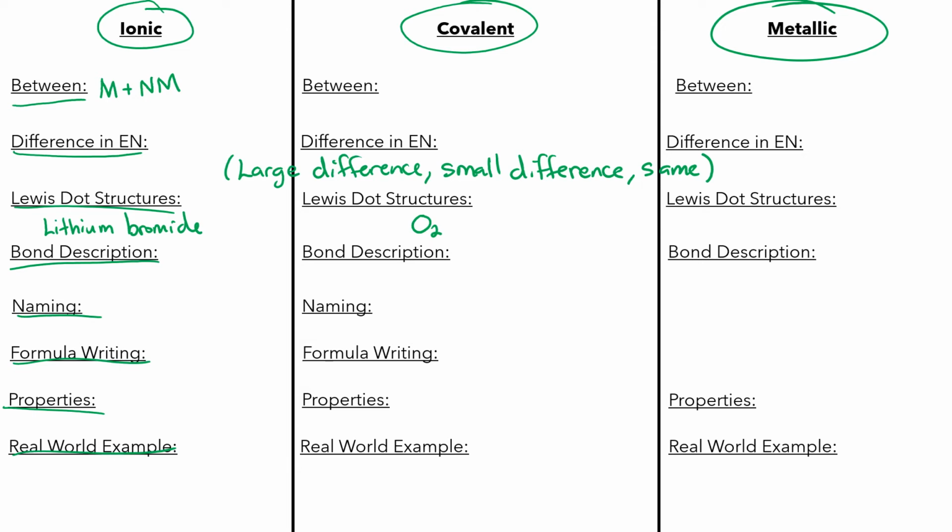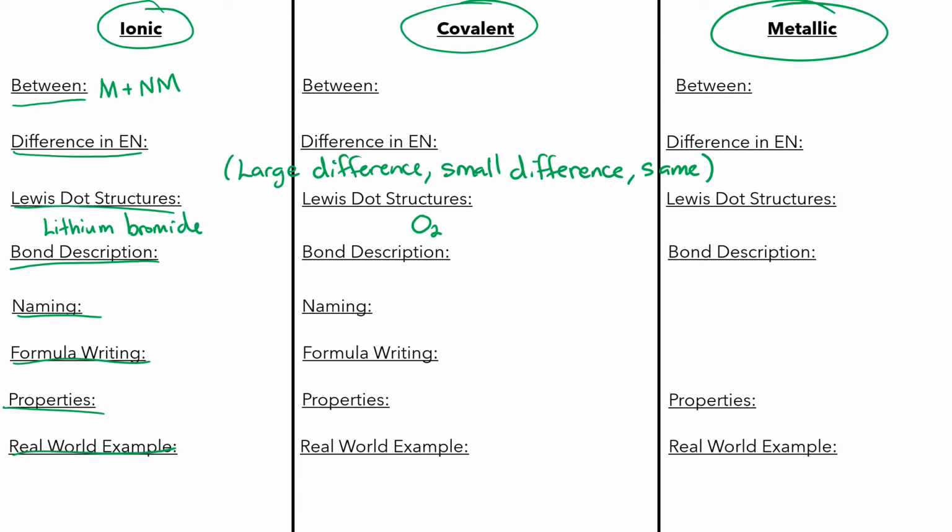For the next section, we have naming. So this is only for ionic and covalent bonds. So we need to provide a detailed step-by-step process of how one would name an ionic compound and a covalent compound.